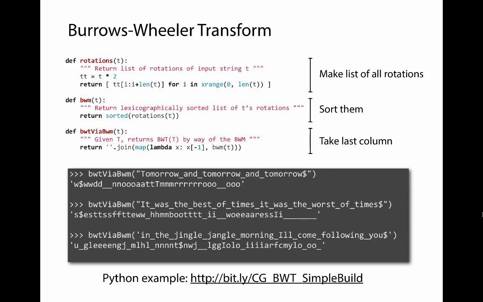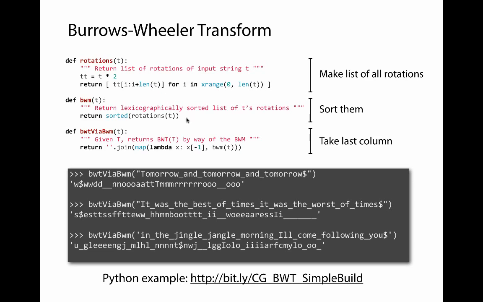Here I have an implementation of the Burrows-Wheeler transform. It's a very simple implementation, meant really just for illustrative purposes. I wouldn't recommend actually implementing it this way; it would be very slow. It's divided up into three functions. The first function just takes a string t as input and produces a Python list of all the rotations of the string t.